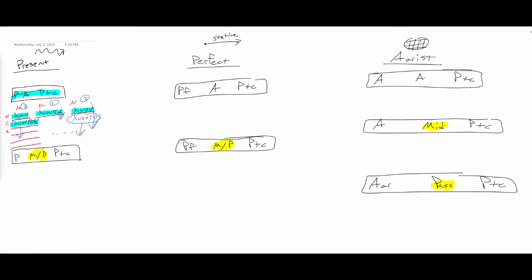All right, we think about the present middle passive participle. You have, again, masculine, feminine, and neuter. You think about nominative, genitive, dative, accusative, and so on, singular, plural. And there are really only three forms we need to learn here: luomenos, luomene, and luomenon.